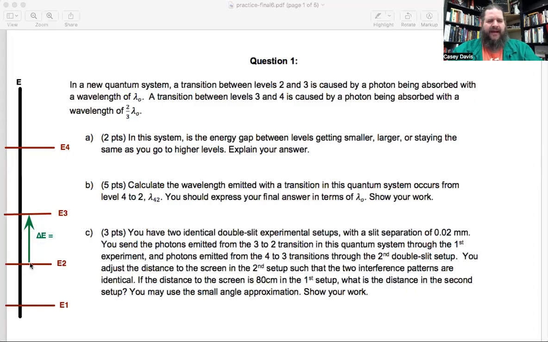And how would you add energy to a quantum system like this? What's it gaining energy from? If you have some atom or something and you want it to gain energy, how do you give it energy?